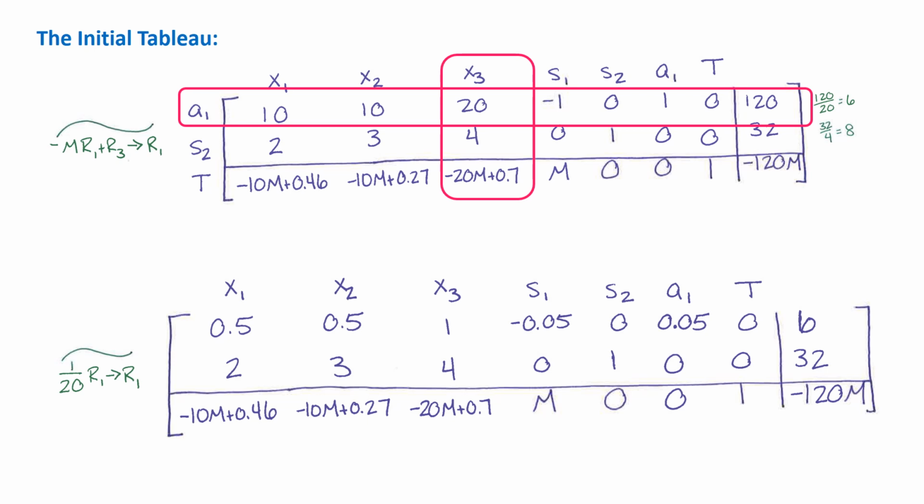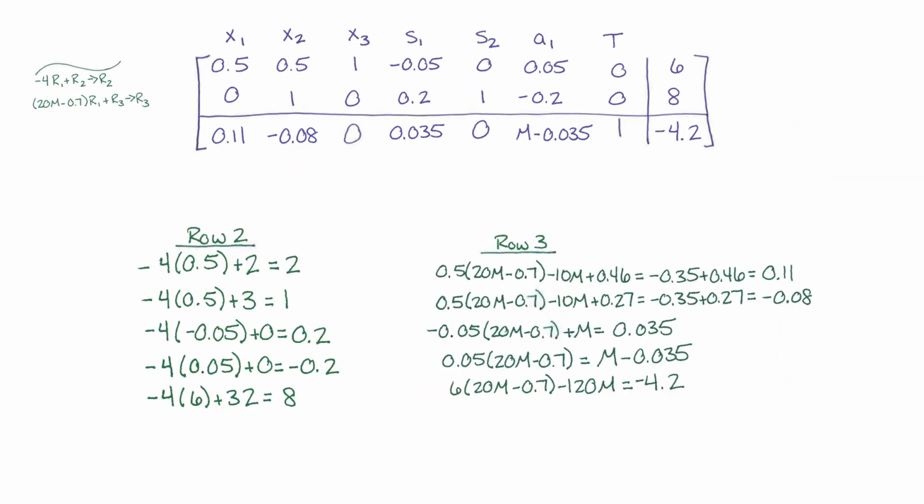Now that I have a 1 in the pivot element position, I need zeros in the rest of the column. So I'll use the command negative 4 R1 plus R2 to get a new row 2, whose values will be 0, 1, 0, 0.2, 1, negative 0.2, 0, and 8.